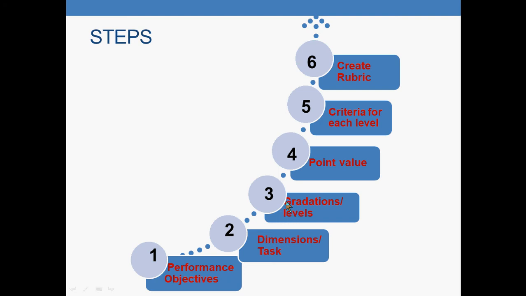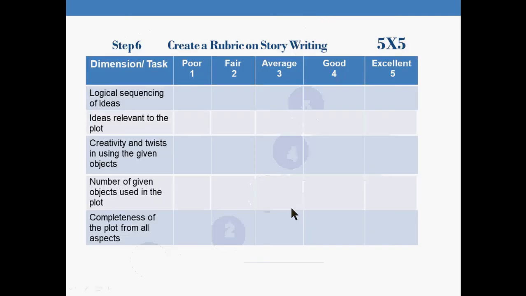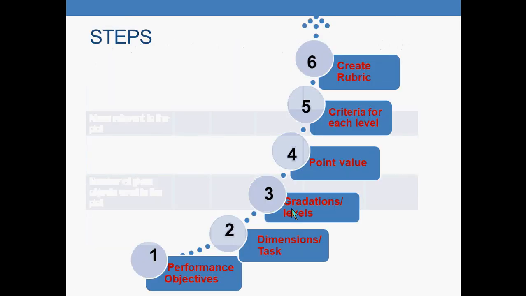We go on to the third level, which is the gradations level. Gradation level is identifying the levels of gradation. You need 3 levels, 4 levels, or 5 levels. It could be poor, average, excellent. So you may have to decide the gradations.